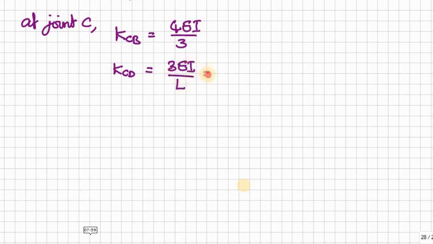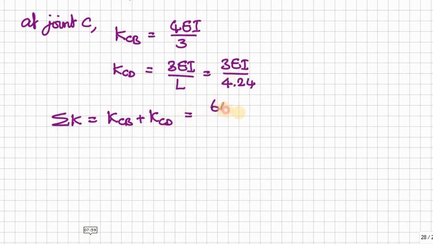Because the far end D is a hinge support. Therefore, the formula is 3EI by L. Here L is nothing but 4.24 meter. Now, sigma K is equal to summing up both stiffnesses, which is equal to 649 over 318 EI.